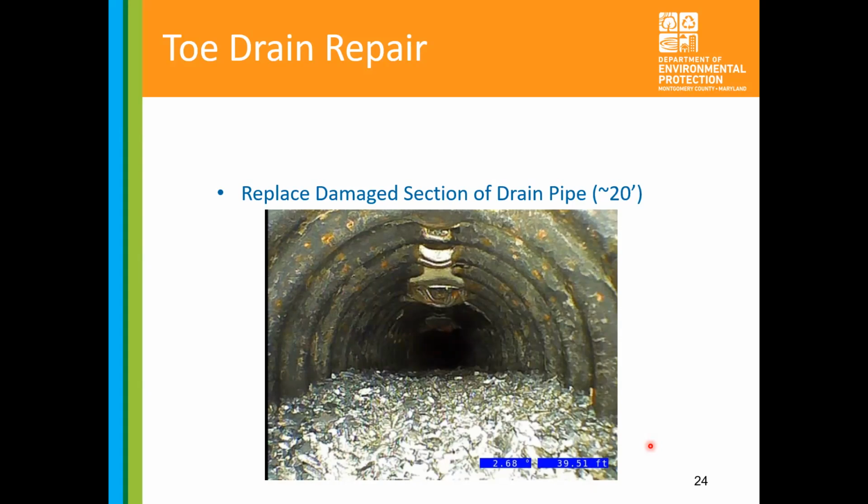And since this area will be covered by articulated concrete blocks, we will never be able to get to it. So we decided that we need to fix this area, and MDE agreed, before installing overtopping protection. So that's why we're doing this.